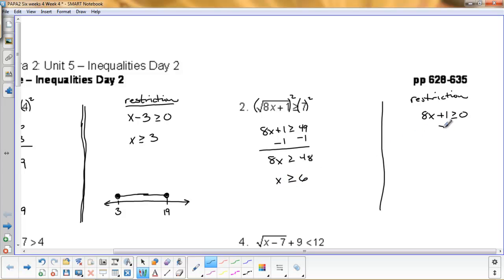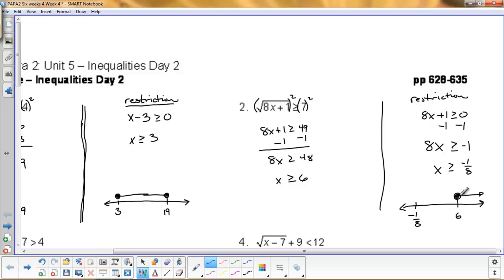Over here, the restriction is when x is greater than or equal to negative 1/8. Or the restriction occurs when x is less than negative 1/8. Now we'll go ahead and graph this on here. 6 here, included, going to the right, and negative 1/8 is here.